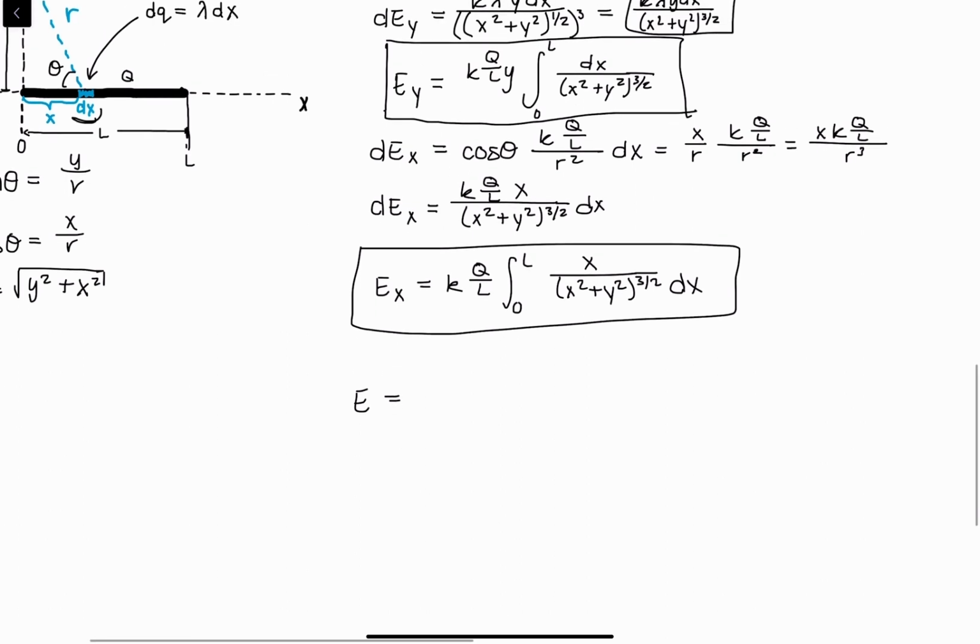We can take the constants out just to simplify the equation fully. Both EY and EX have KQ over L.